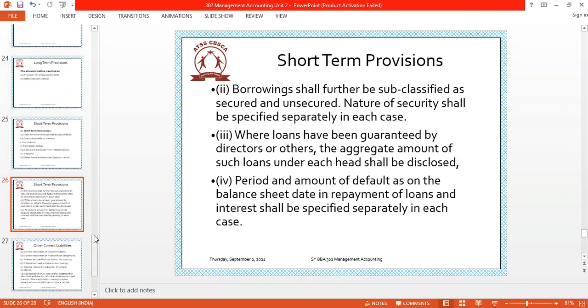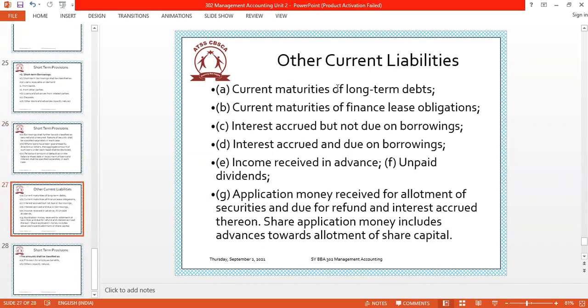Then we have the last item, that is other current liabilities. So what is other current liability? Please read.